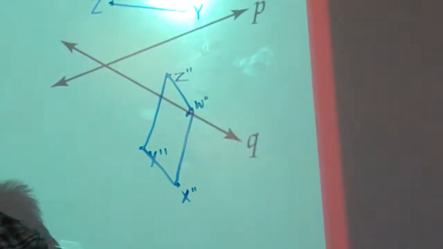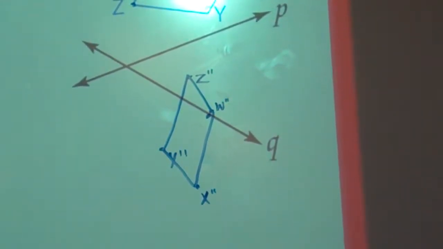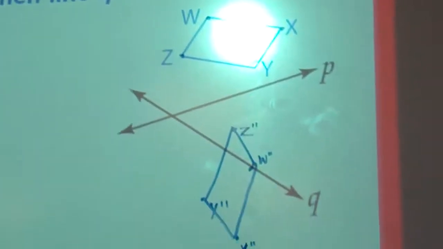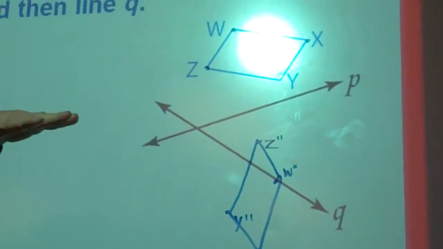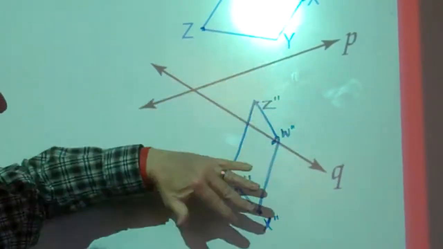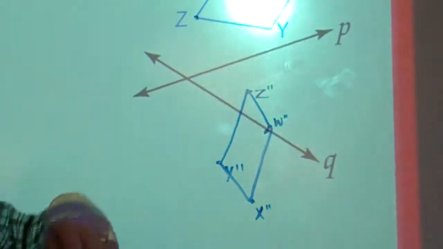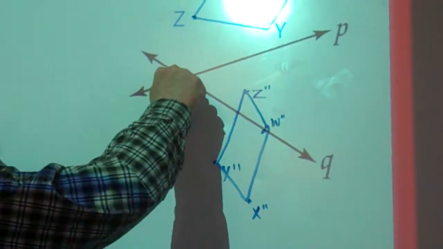So is there also such a thing as Y triple prime? It could go on and on, but the point I want to make is that if you do a double reflection, first across one line and then across another line, it'll end up looking like it rotated around this spot.